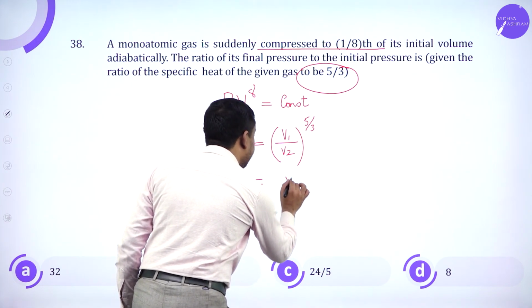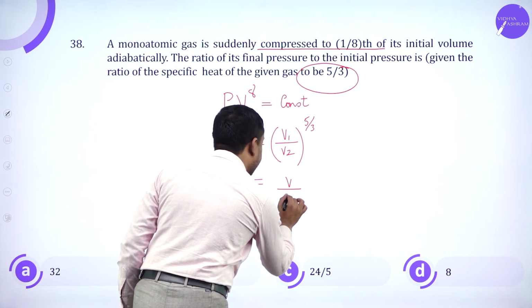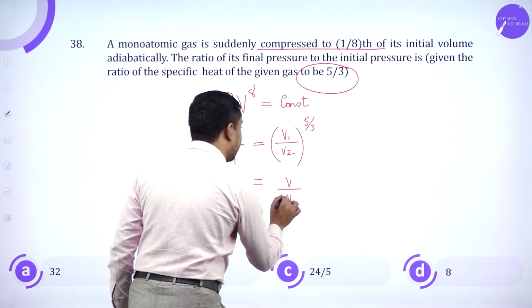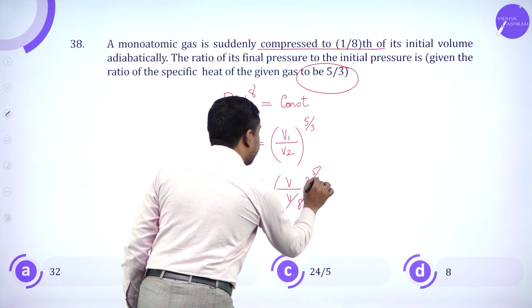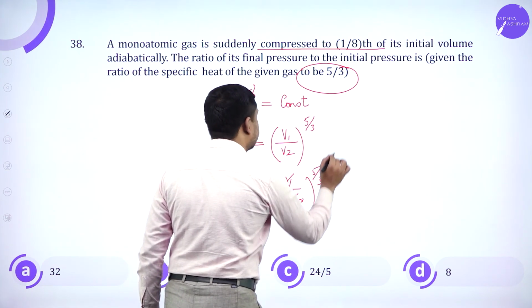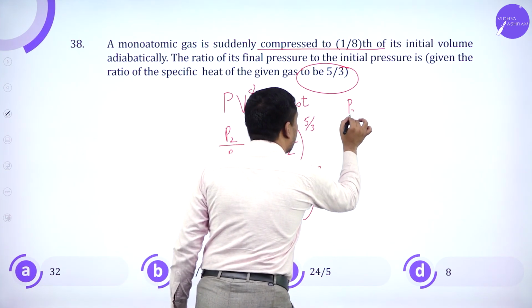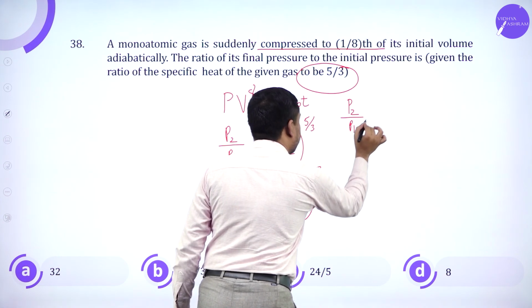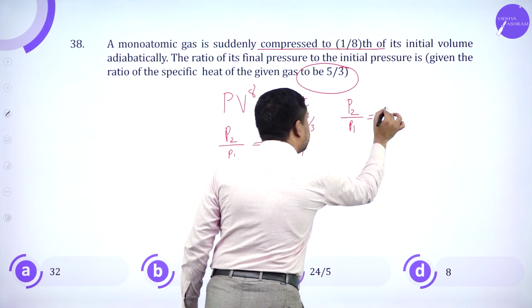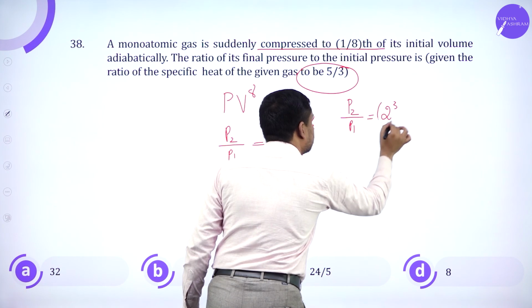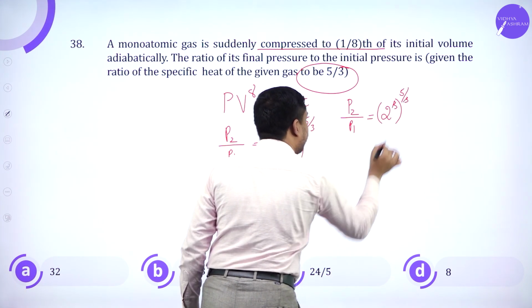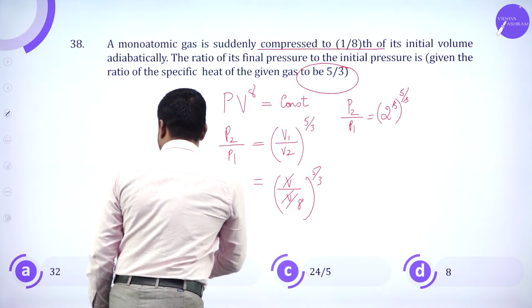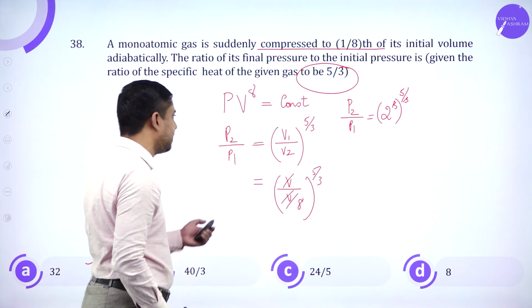So this is 8V divided by V to the 5 by 3. V gets cancelled. So P2 by P1 is 8 to the power 5 by 3, which can be written as 2 power 3, to the power 5 by 3, 2 to the power 5, 32 is the answer.